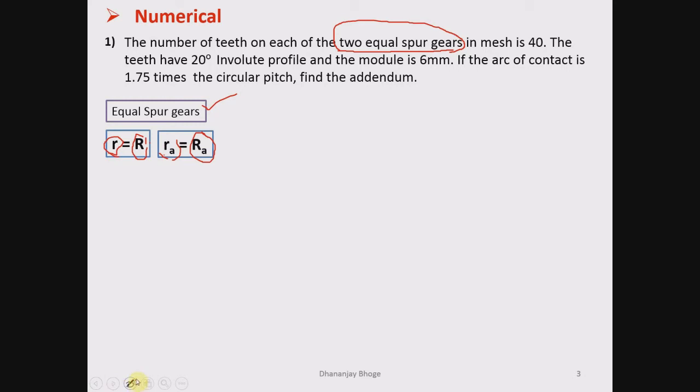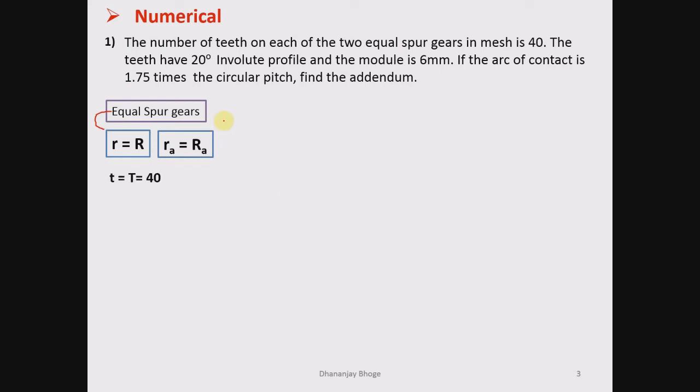Okay, because both the gears are equal gears. So from this we got this. Because these spur gears are equal, their pitch circle radius and addendum circle radius will be same.